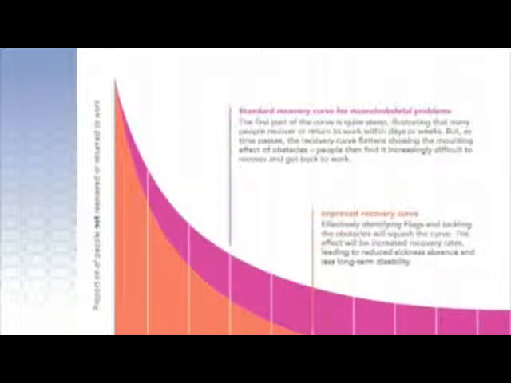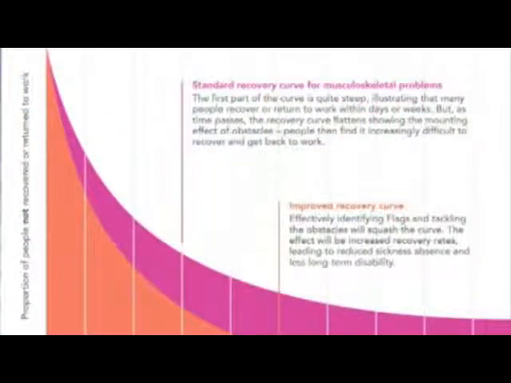When we think about the proportion of people who have not recovered or returned to work or gone back to their usual activities, that tends to drop rapidly from the time of onset, and then as time goes by it gradually flattens out until we're left with a small number of people for whom it becomes a persistent long-term problem. And it is this group of people who were the prime motivation behind thinking about the issue of identifying flags and obstacles to recovery.